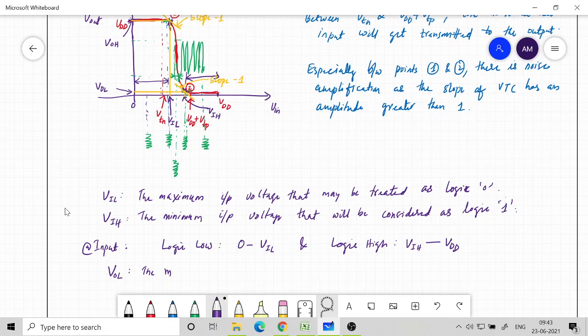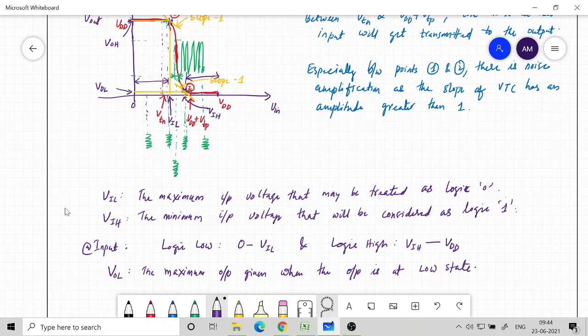VOL is the low voltage that is available or produced by the circuit, or the maximum output given when the output is at a low state.